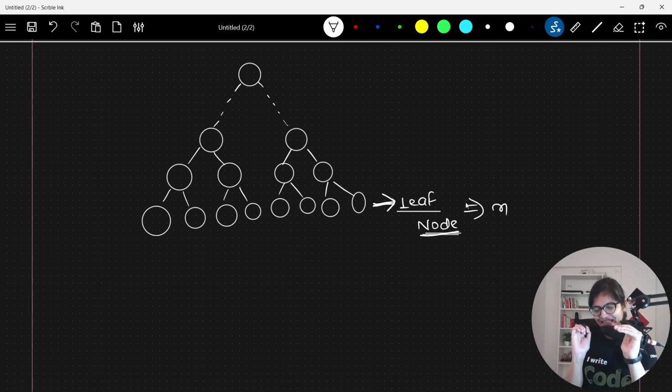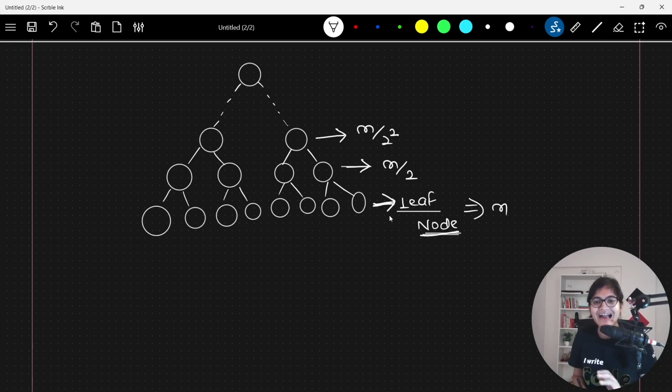So can you think what should be the number of nodes present at the level above the leaf level? So can I say it will be n by 2, and at the next level it will be n by 2 to the power 2, and this series will keep going as I move from the leaf level to the root node. At the root node, can I say that the number of nodes will be n by 2 to the power log of n?